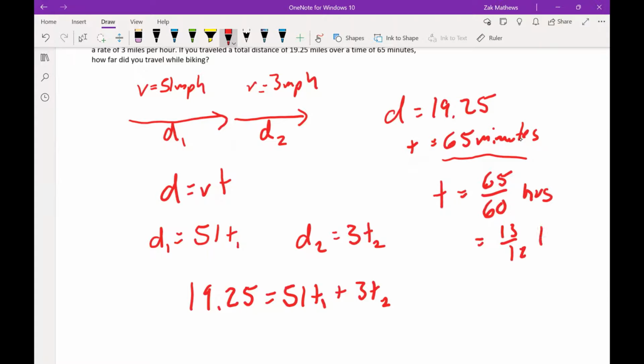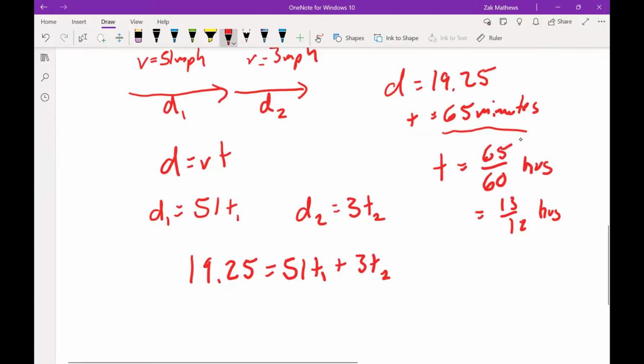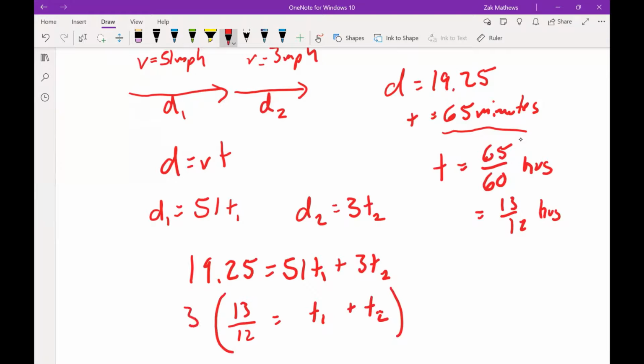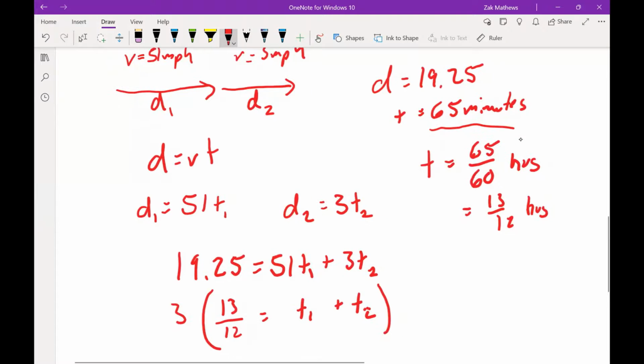And so that gives me the second equation. 13 over 12 is equal to T1 plus T2. Those two times together add up to the total time it took me on my trip. Could use substitution or elimination, but because of the way it's set up with the T1s, T2s sitting one on top of the other, I think it's going to be a little bit easier to use elimination.